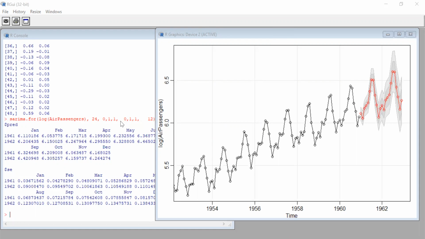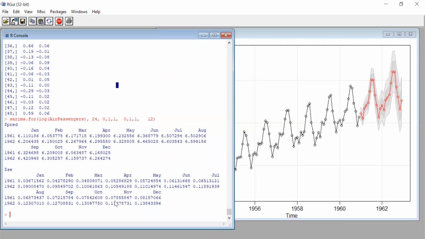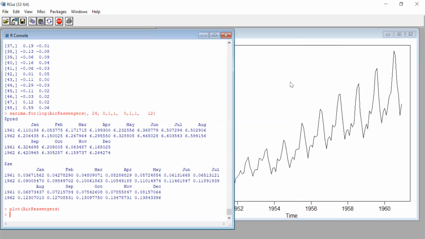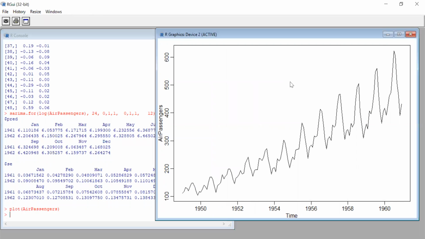I will give you the data, and I will suggest to you to plot. For example, I can suggest to you to plot the data. It's like this. Then I can ask you, what do we need? Then you can answer, we need the log transformation, because it does not have constant variance, for example.